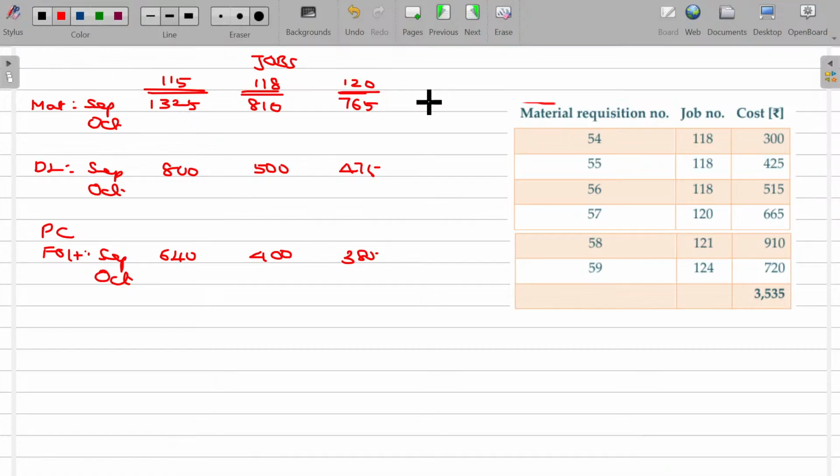Now, as per the requisition slip number 54, 55, 56, all are for job number 118. Go and see the stores ledger control account where requisition slip number 54, 55, 56, all the three is for job number 118. So, the overall cost will be addable for job number 118. Come on, tell me, what's the value? 1240.